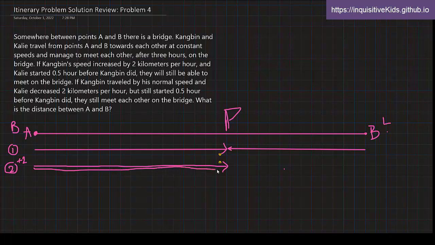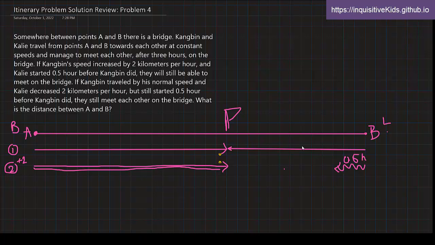These keys really help you, so identify one for yourself that works for you, and then you won't get confused in the middle of a problem. Just ask your sketch, what is this? I'm going to write a curvy, wavy line for Kalie because she went 0.5 hours early.